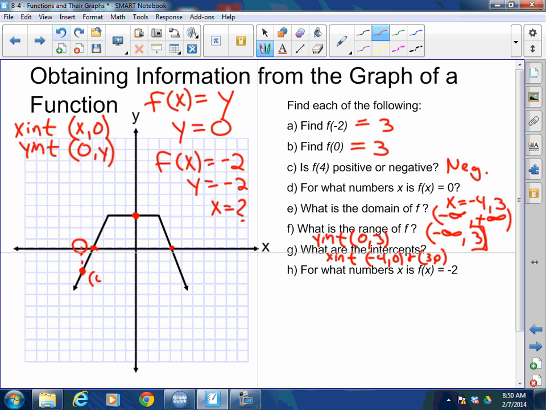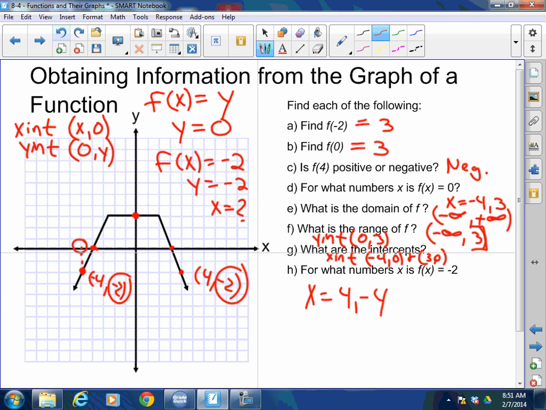Well, it's actually both. Negative 4, negative 2, and also right here, 4, negative 2. So for what values of x? X can be 4 or negative 4, and I will get my y value of negative 2.